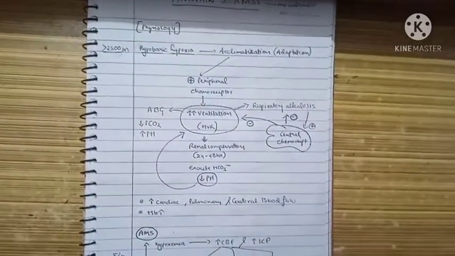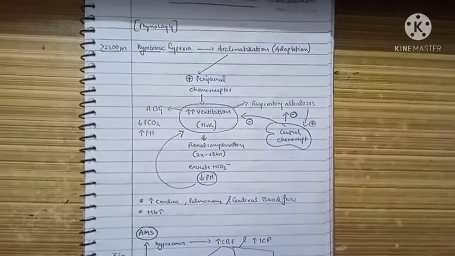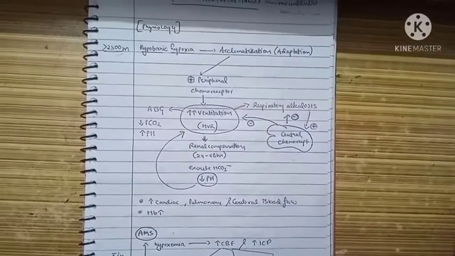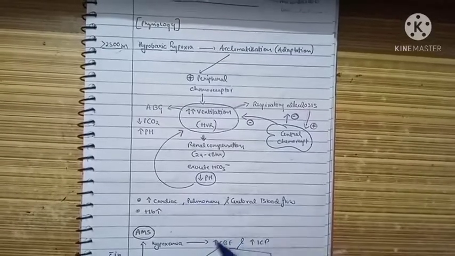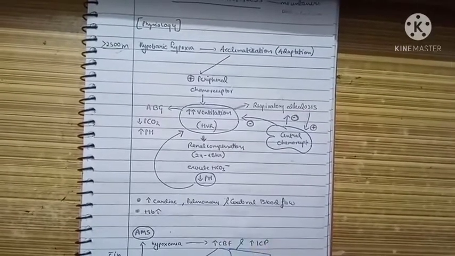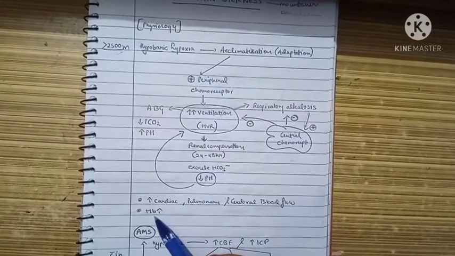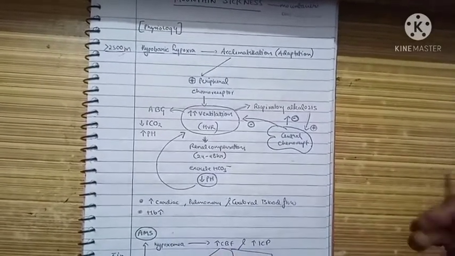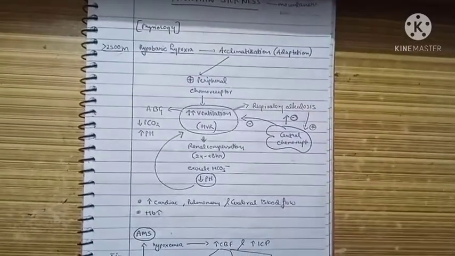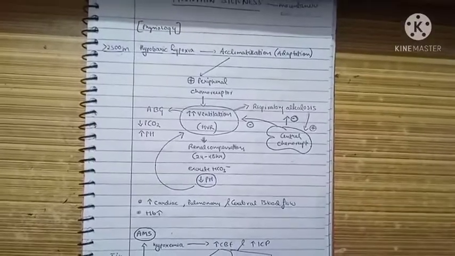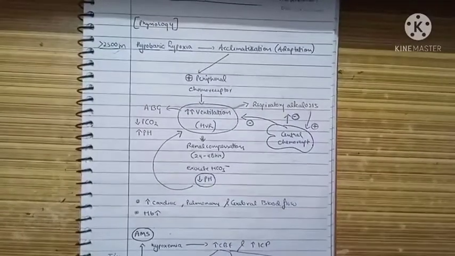This is how at high altitude we have increased ventilation to maintain the PO2 and the PCO2. Not only this, we have increased cardiac output and pulmonary blood flow as well as cerebral blood flow. To a small amount, we also have an increase in hemoglobin and its affinity. These are the mechanisms by which our body compensates or acclimatizes at high altitude to maintain tissue oxygenation.